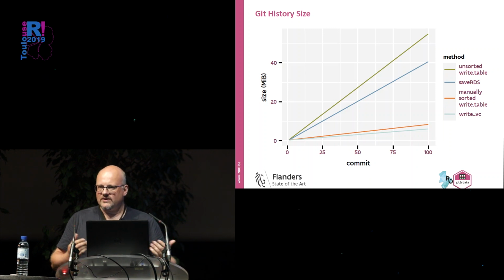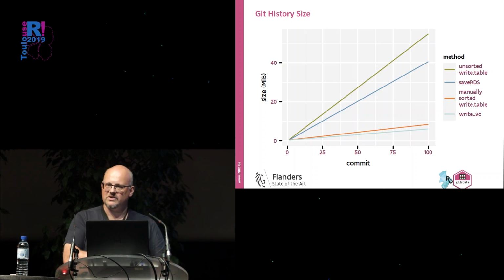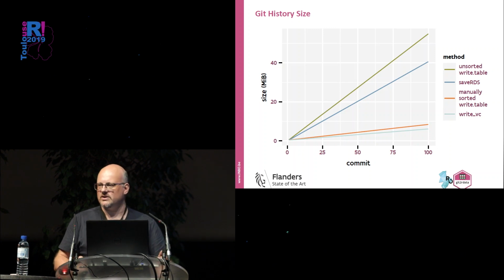If you would, for instance, use RDS files, it still grows quite fast because binary files are notoriously bad under version control. Another option here would be to manually sort the data to get a stable order of the observations and a stable order of the columns, and that would be much more efficient.